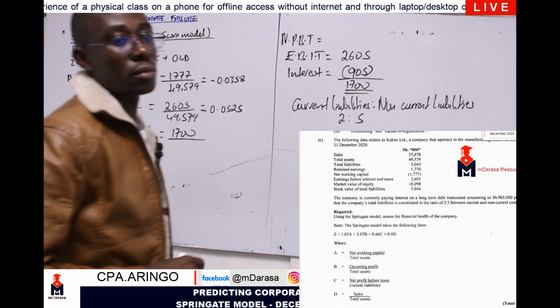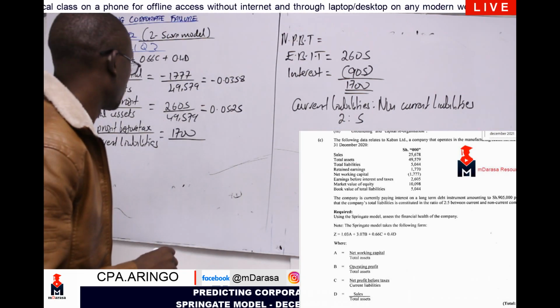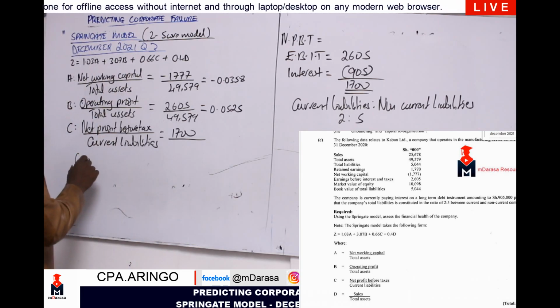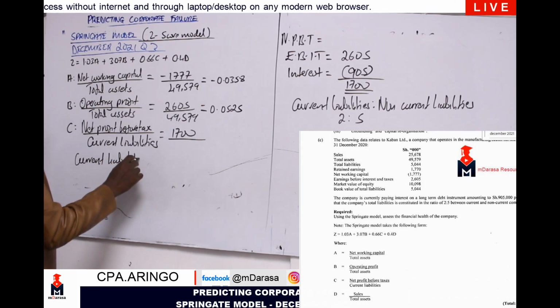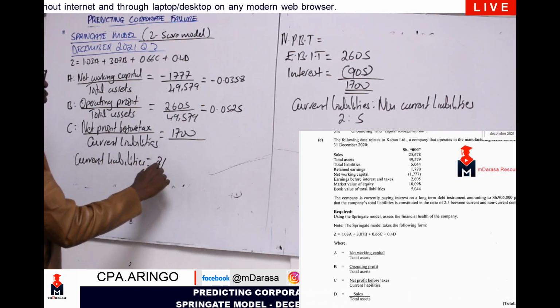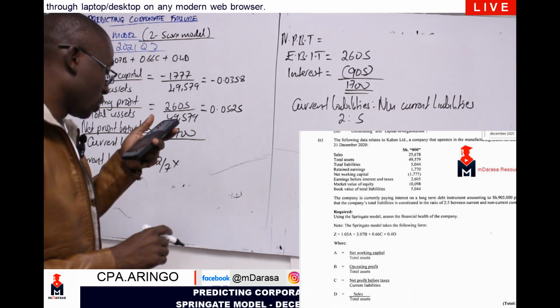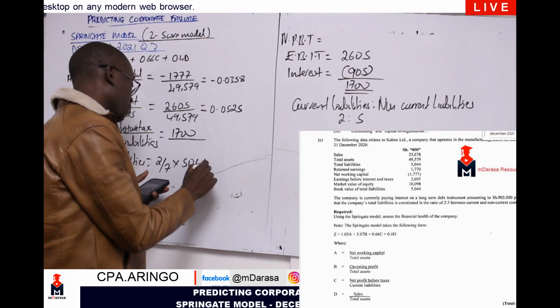So what will be our current liabilities? My current liabilities, therefore, we should be talking of 2/7 times the total liabilities, which was given. The book value of total liability is 50.44.